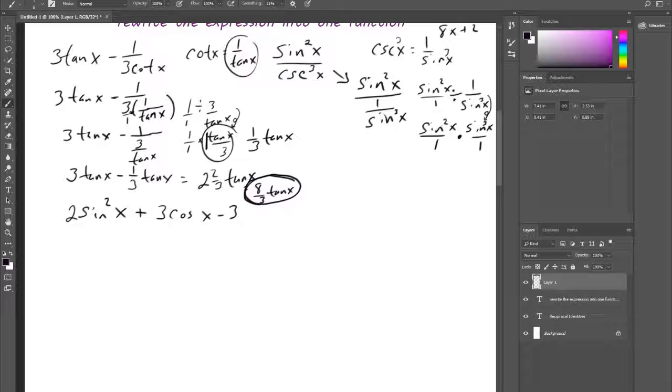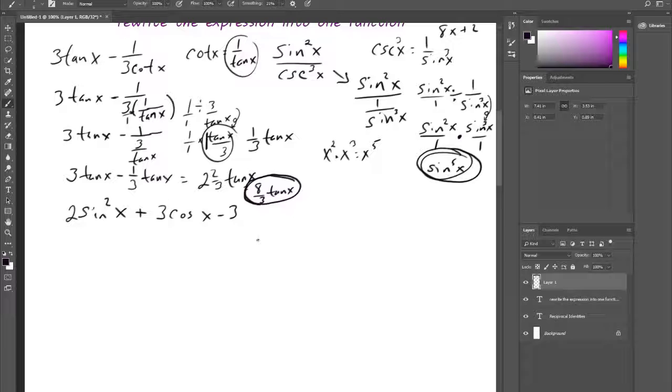So what is sine squared x times sine cubed x? Well, what is x squared times x cubed? That's x to the fifth. That's the rules of exponents. So this would be sine to the fifth of x. That is the final answer to that one.